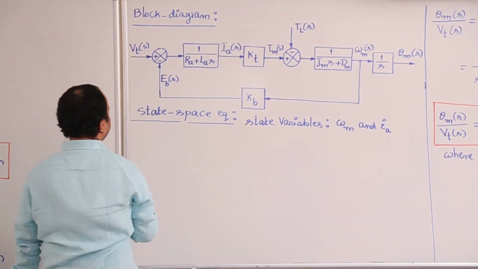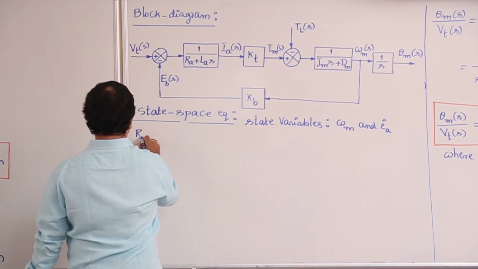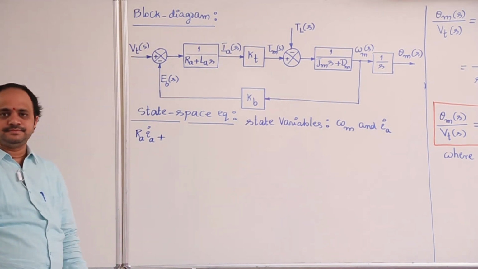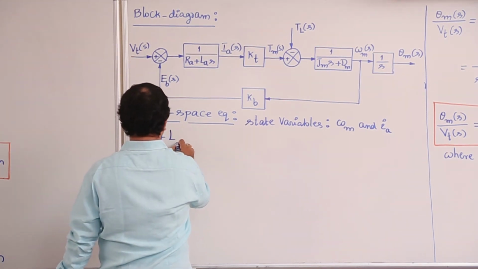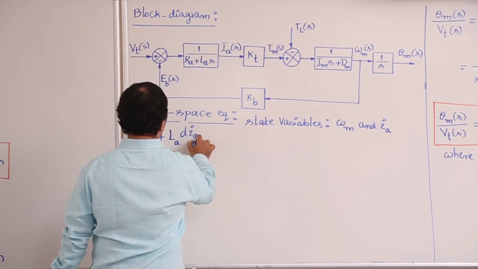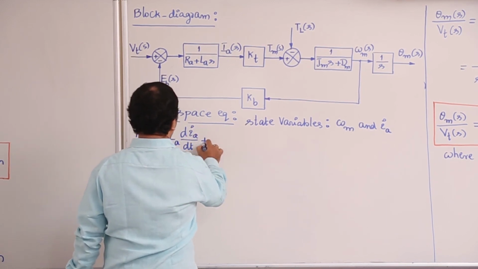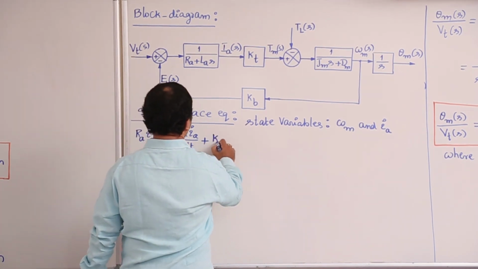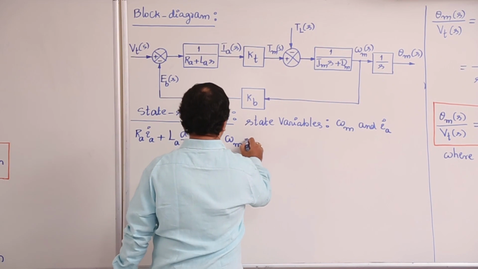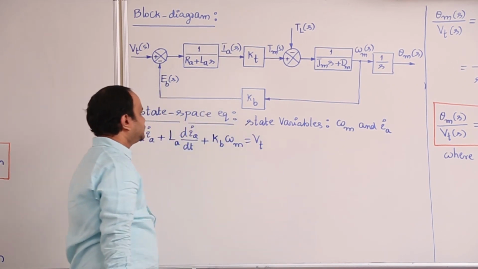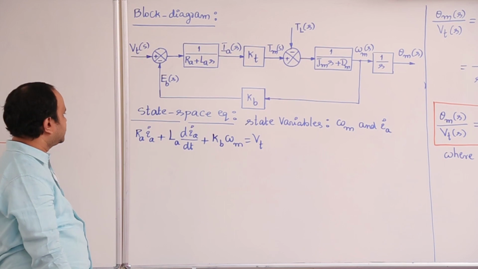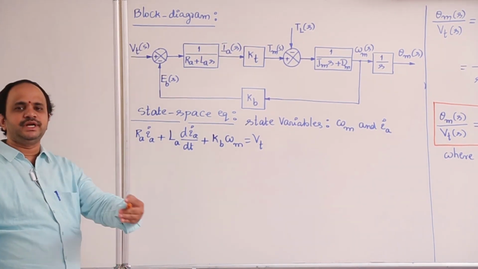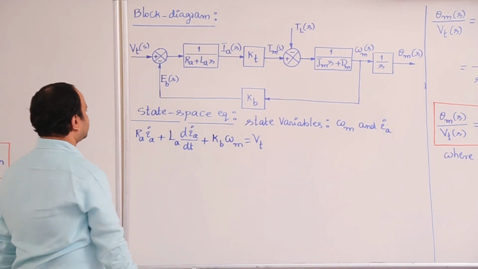What was the equation here? Ra multiplied with ia plus La into dia by dt plus back EMF Kb into omega is equal to Vt. This is one equation. From this we will see how to proceed towards the state space equation.